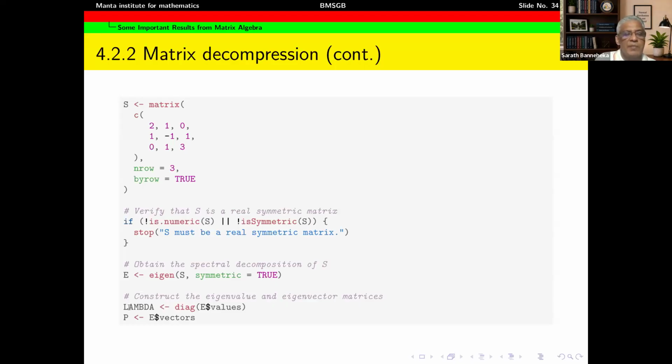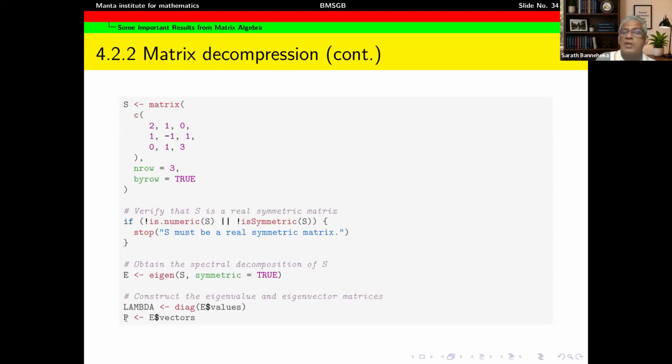So let's say lambda is the diagonal values of the eigenvalues, right? E dollar values gives you eigenvalues. So then let's take the diagonal matrix containing those things in the diagonal. That we get by this command diag E dollar values. That is the capital lambda matrix.